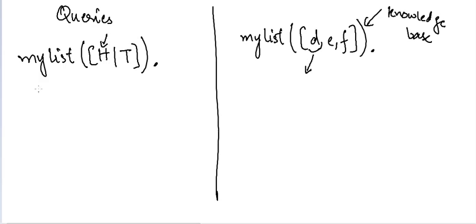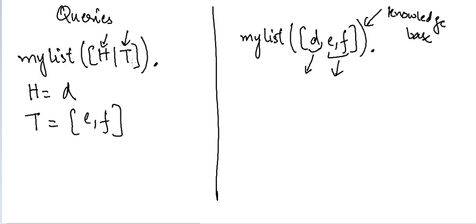So h will be equal to d, and Prolog is going to take the remaining two elements and make that a part of our tail. So it's going to say t equals e comma f. Remember, the tail is always considered to be an array. Okay, let's do another example.